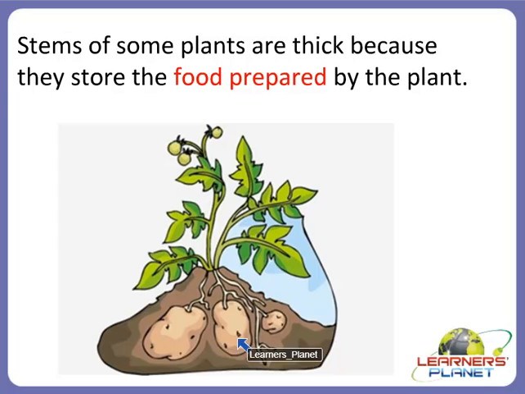For example, some stems grow under the ground, as we saw before. So children, potato is such a vegetable which is grown under the ground. So children, we can say that potato is an underground stem.